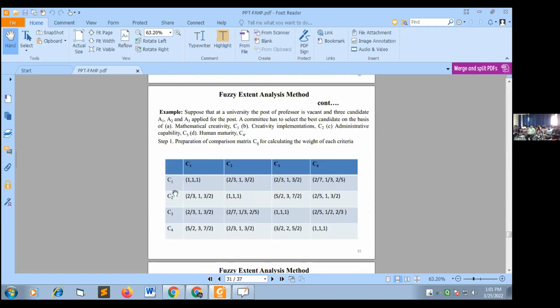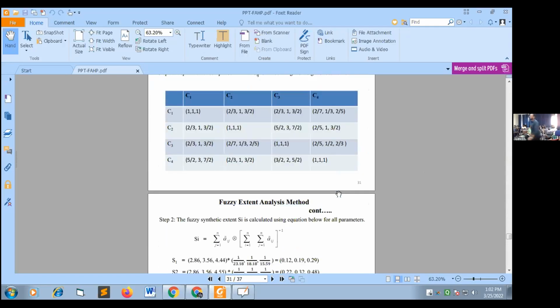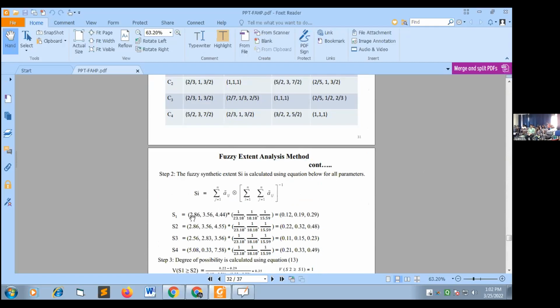We take the criteria C1, C2, C3, C4 as explained in the previous method. So we can find Si. It means S1 can be found by inverting this sum. So we have the vectors S1, S2, S3, S4.